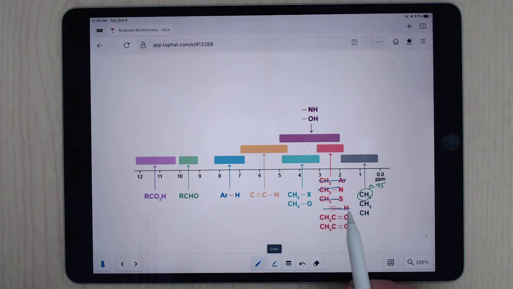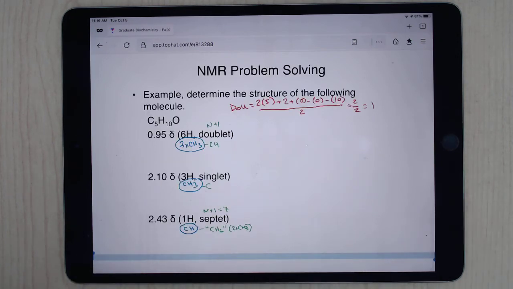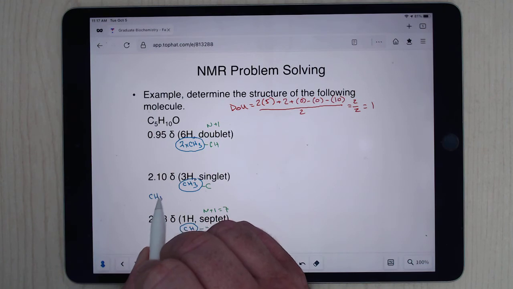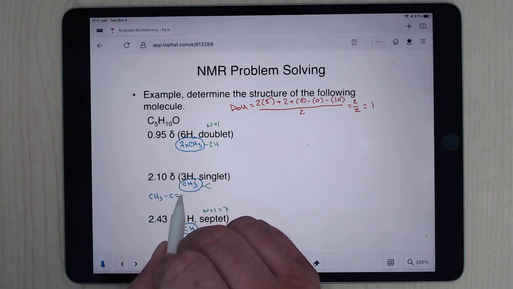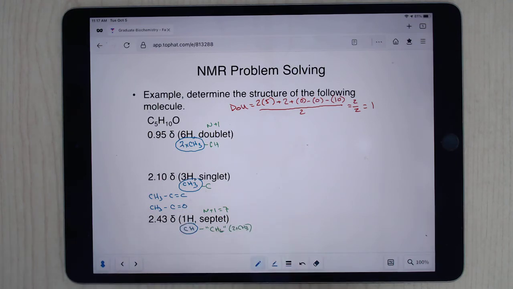So the problem is we do have an oxygen, so it's going to be some sort of C double bond O, or C double bond C. That takes into account our DOU, so we know it's probably not going to be a ring. So these can be either a CH3 next to a C double bond C, or a CH3 next to a C double bond O.